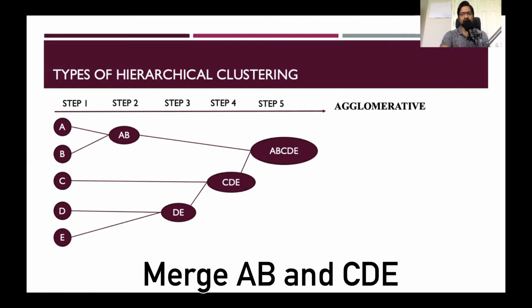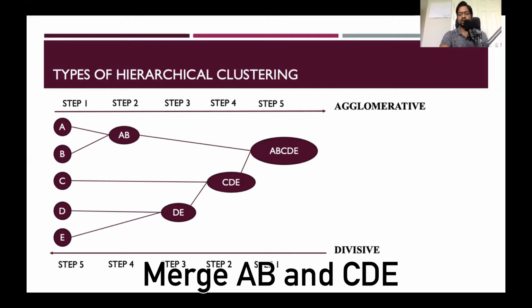So now what is divisive? As I mentioned earlier, it's just the opposite of the agglomerative approach. If agglomerative is more of a bottom-up, since you're merging all the single clusters into a macro cluster, then divisive would be top-down.